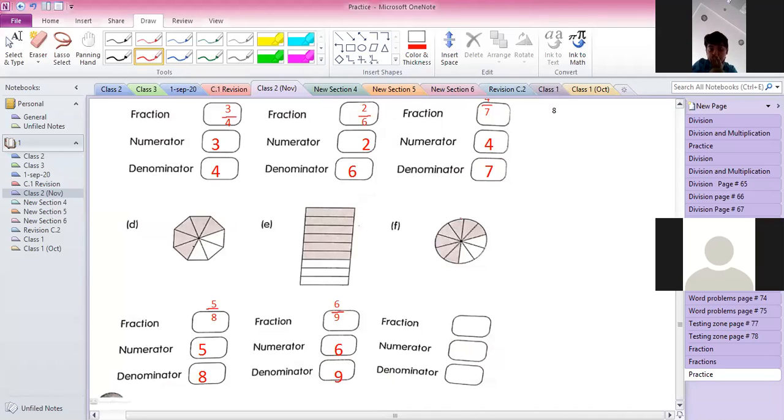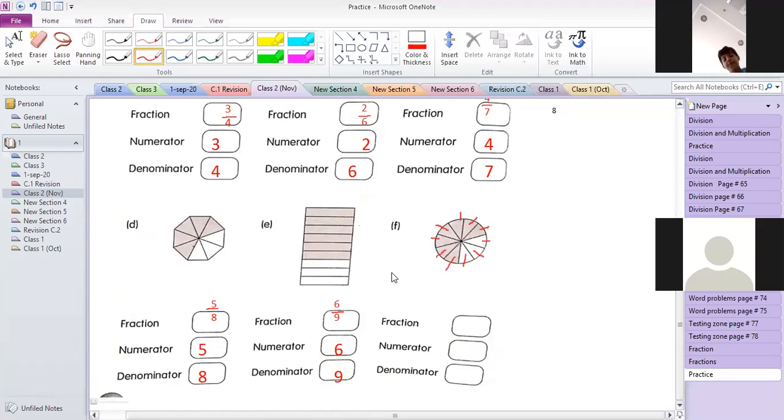Look, to write the denominator, we should know how many total parts are there. 1, 2, 3, 4, 5, 6, 7, 8, 9, and 10. So how many equal parts are there, guys? 10.